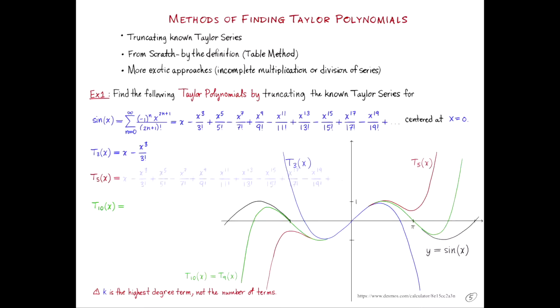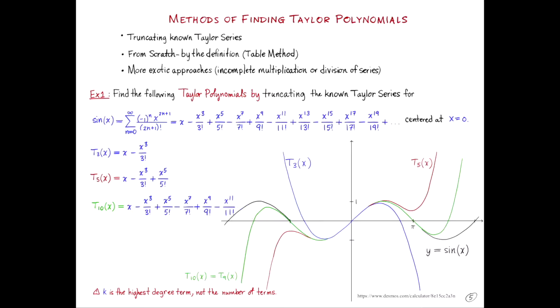Similarly, for T sub 5 of x, we work our way backwards until we get to x raised to the 5th power, giving us that the 5th degree Taylor polynomial is x minus x cubed over 3 factorial plus x to the 5th over 5 factorial. For the 10th degree Taylor polynomial, we work our way backwards.